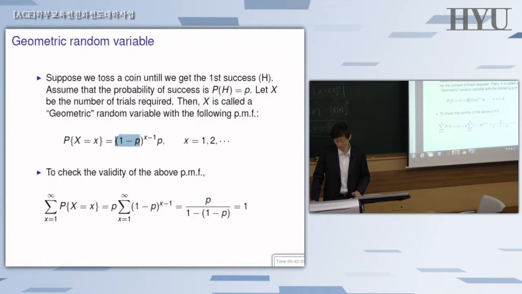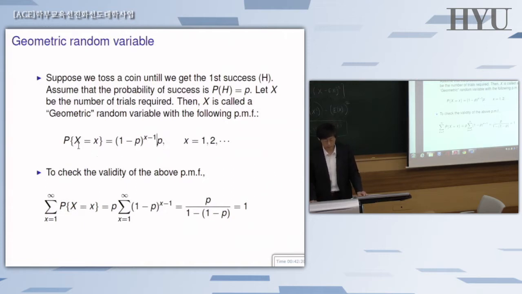So the first part refers to all x minus 1 failures before. That's 1 minus p, x minus 1 different times. And then you finally close it up with a final success that comes at the x-th trial. So multiply that by this p. Finally, you have success at the x-th trial. So that's the PMF. So simple.